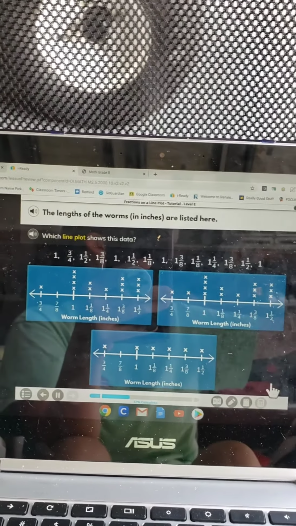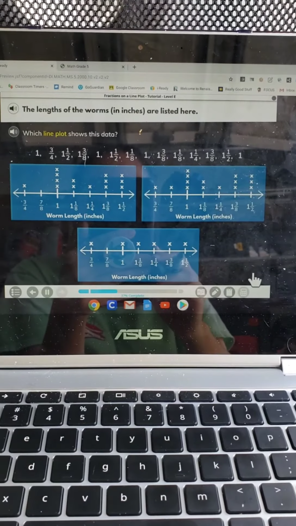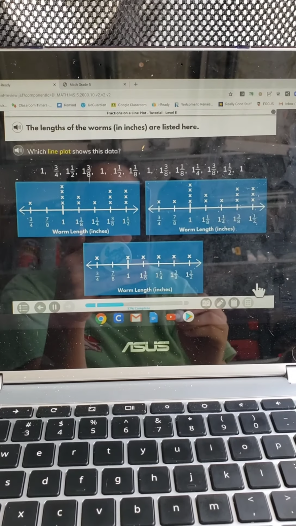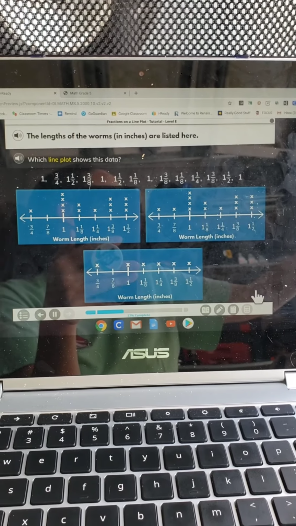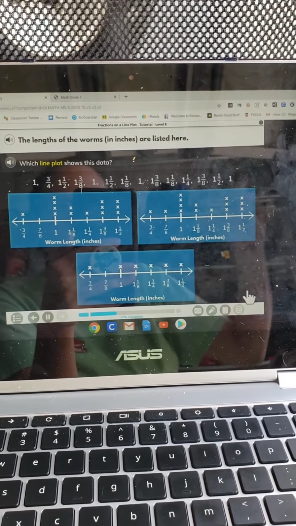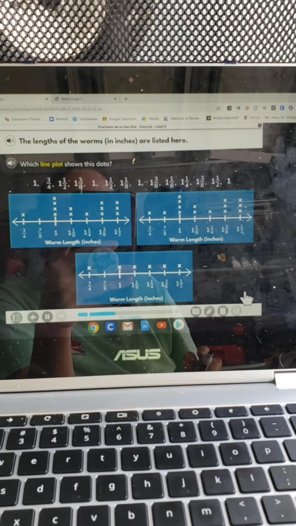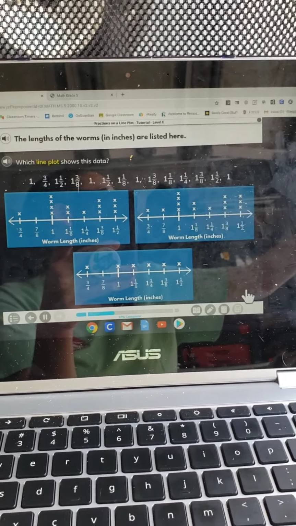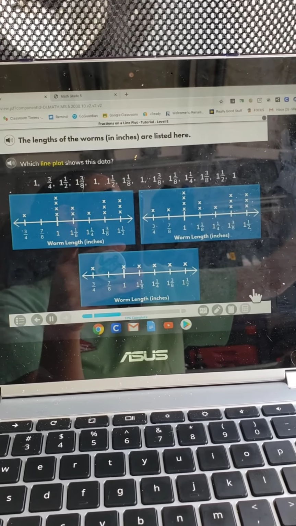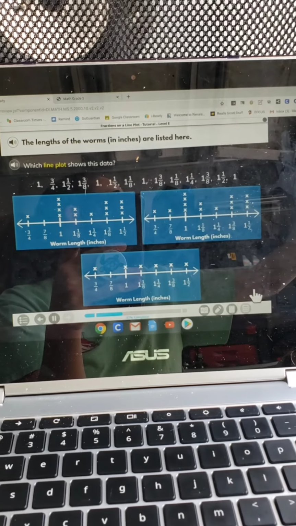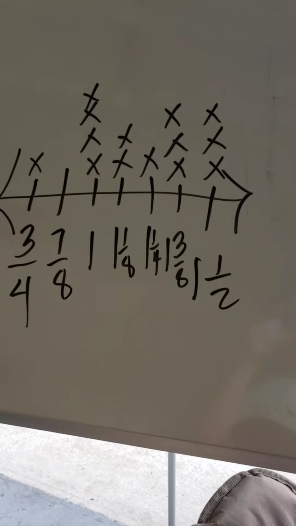We have a 1, so let's put an X above our 1, just like we were doing with the last cups of ooze. 3/4, put an X above 3/4, 1 1/2, 1 3/8, 1, 1 1/2, 1 1/8, 1, 1 3/8, 1 1/8, 1 1/4, 1 3/8, 1 1/2, and 1. Okay, so we want to find a graph that looks like this.